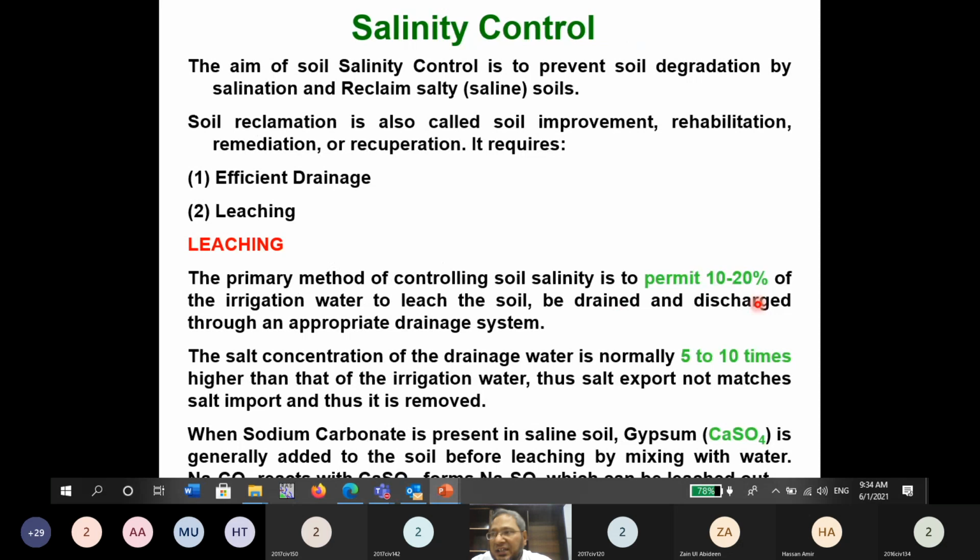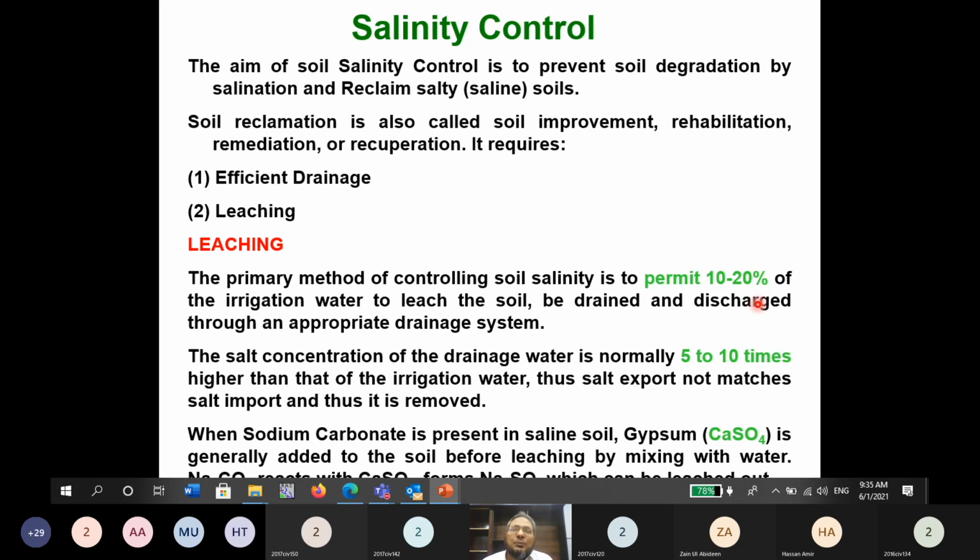Now the question is how we can control salinity. भाई waterlogging को कैसे control करेंगे? Our chapter is waterlogging and salinity. हमने देखा waterlogging और salinity is causing a lot of problems on agricultural lands. तो we should know how we can reduce waterlogging and similarly how we can reduce salinity. तो वो कैसे करेंगे?